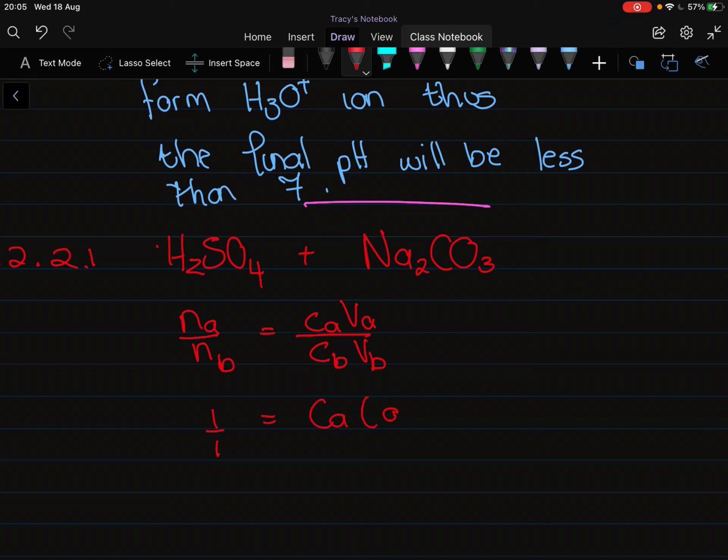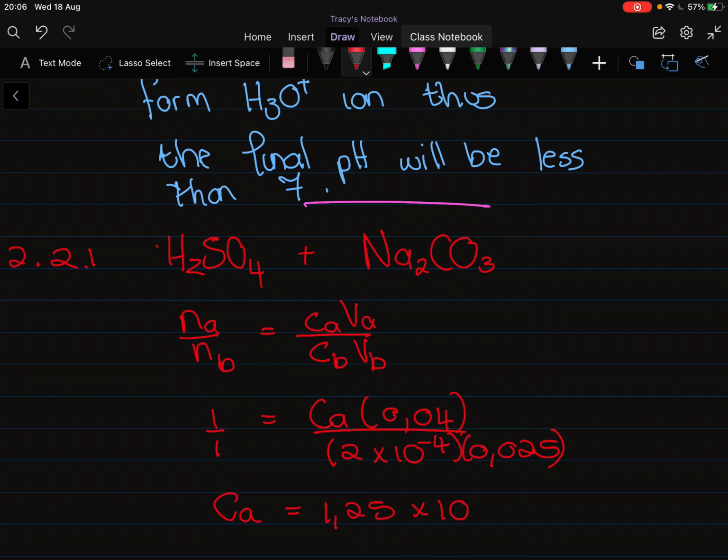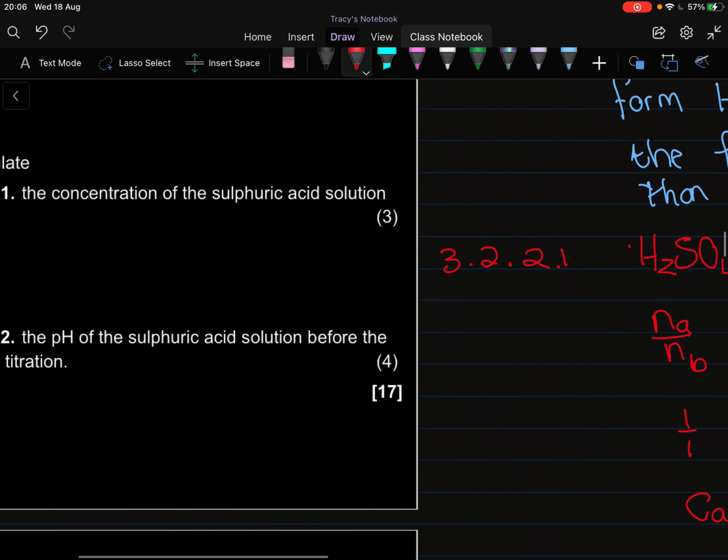I converted these to decimeters cubed. You don't have to, you can leave it in centimeters. They told me that this was 2 times 10 to the minus 4, and we used 0.025. We solve for Ca, and we get 1.25 times 10 to the minus 4 moles per decimeter cubed. It's nice and straightforward.